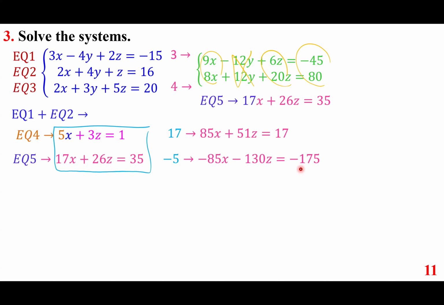So clearly, these two cancel each other. Negative 79z equals negative 158, divide, and z becomes 2.